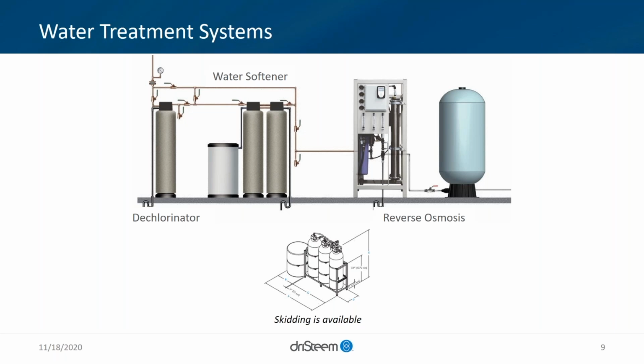The one note about the dechlorinator, at DrySteam, we choose to put that on the upstream side of the system before the softener. There's really a couple different places you could place it. You could put the softener first and then the dechlorinator, but this is how we set up our systems and have them coordinated. The note here is skidding is available, essentially for that plug and play solution.